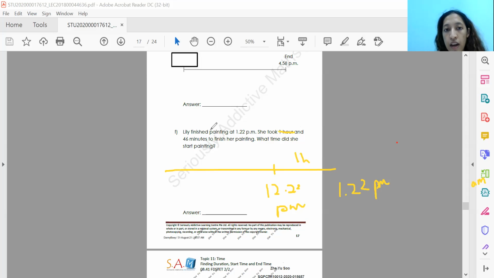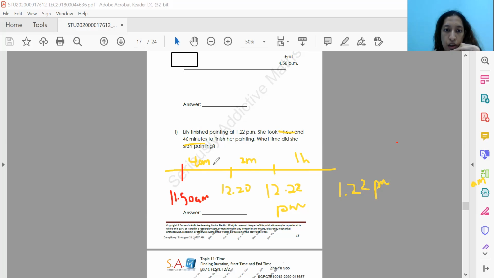And then we have dealt with that. Now let us go to 46 minutes. From 12:22, let us go to 12:20 first. That would be 2 minutes, right? Now from 12:20, let us do 40 minutes before. 8 fingers out. So 20, 15, 10, 12:05, 12 o'clock, 11:55, 11:50.